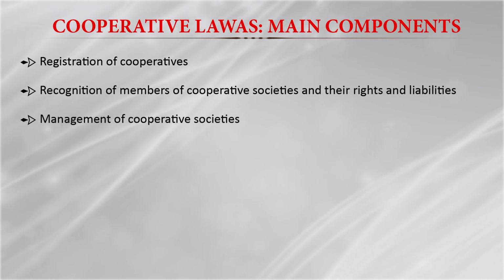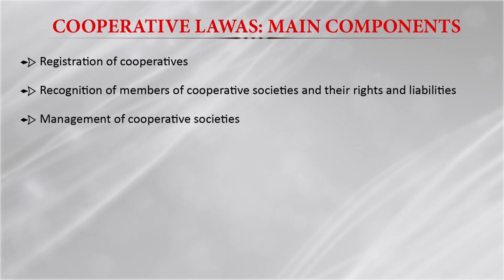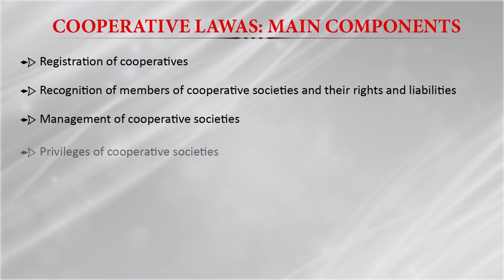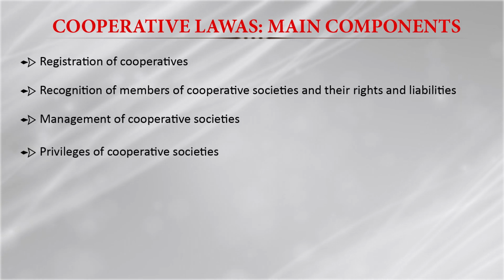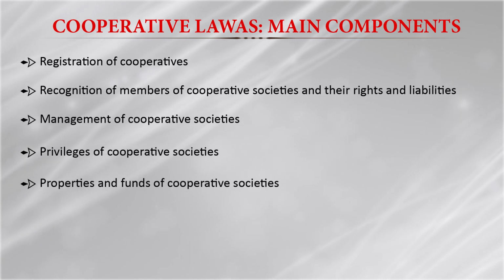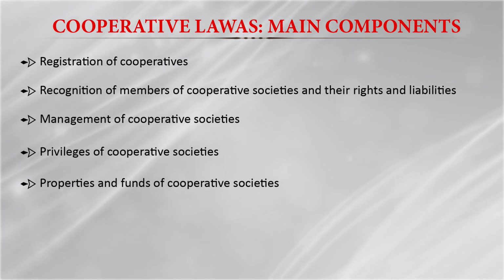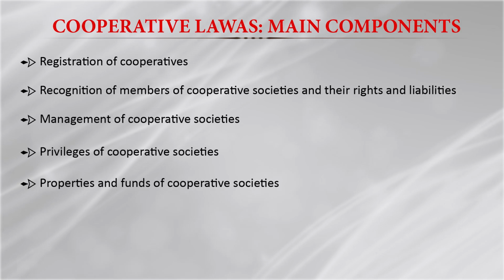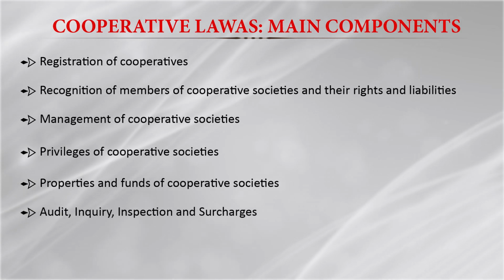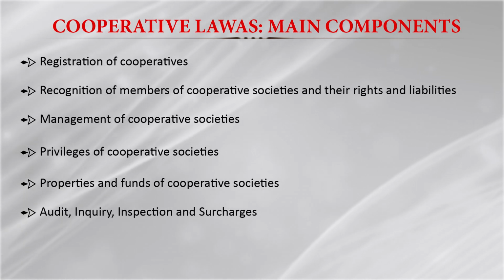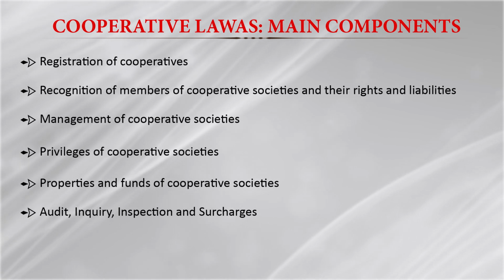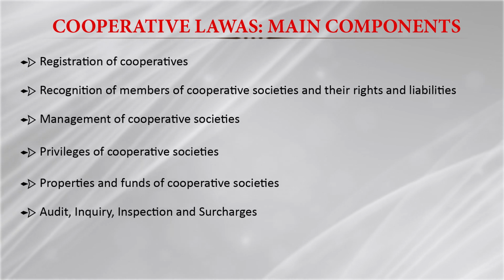Then management of the cooperative society, how the cooperative will be managed, then privileges of the cooperative society, then properties and funds of the cooperative society, how they will finance the functioning of the cooperative society, then audit, inquiry, inspection or surcharge. All these things have to be clearly mentioned in the cooperative law.